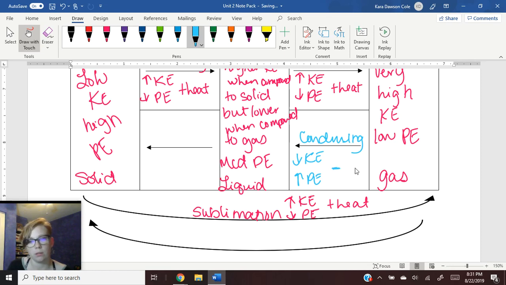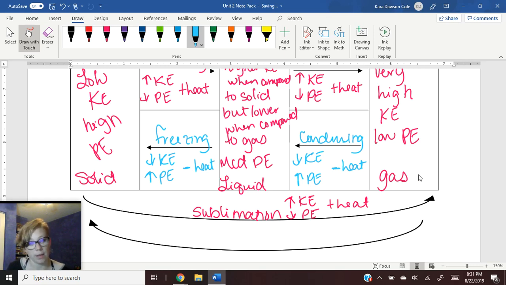We are also subtracting heat. Okay. And then the same thing goes from the liquid to a solid. We're freezing. And we're also decreasing our kinetic energy, increasing our potential energy, and we're subtracting heat.